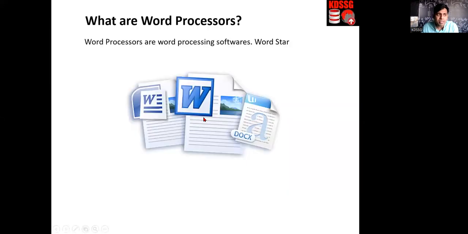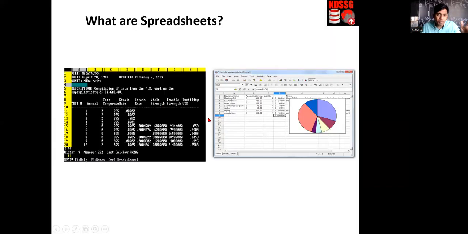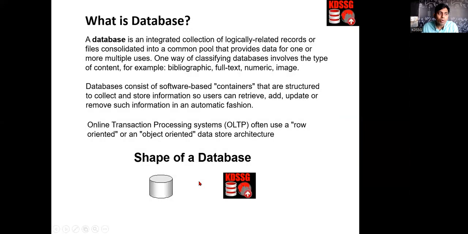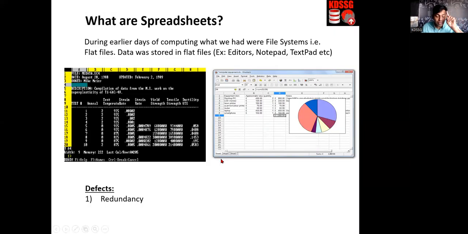Then came word processors. Word processors gave one relief, sir: search. You can search in word processors. Only one relief; you still have the formatting problem and data duplication problems. Then came Excel spreadsheets. Old spreadsheets look like this. They resolved two issues: data is stored in proper order, and the formatting problem is resolved.